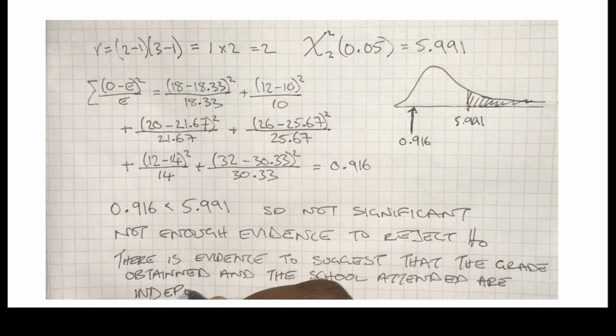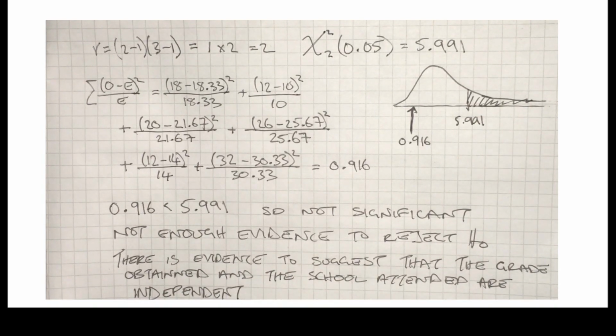After we had that independence, we had to look at how to calculate our expecteds. Our expecteds were calculated by the row total times the column total divided by the grand total. And finally, the way that we calculated our degrees of freedom was different. It was the number of rows minus 1 multiplied by the number of columns minus 1. And that gave us our degrees of freedom.